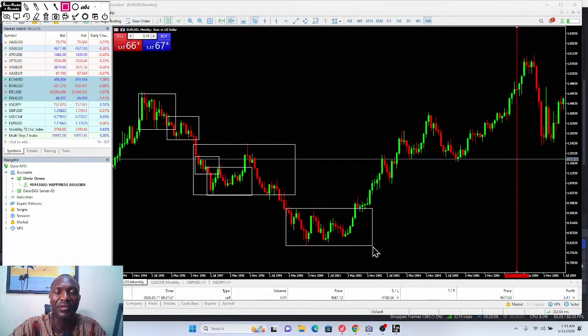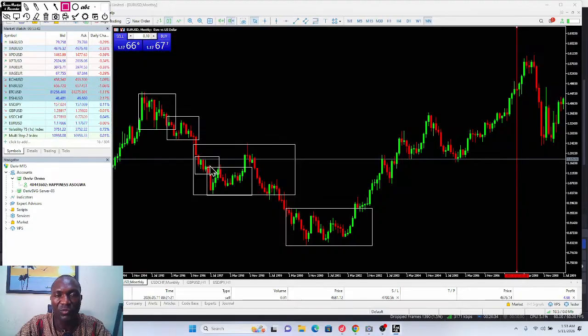So right here, notice that the move has ended, and it gave us a move back to tell us that the market wants to continue or wants to reverse, because this pullback took out this pattern.